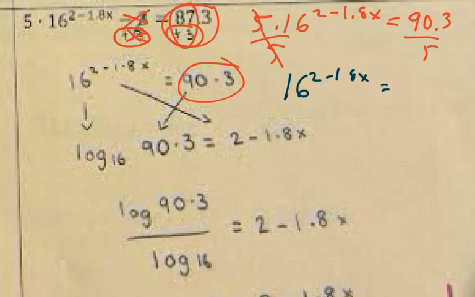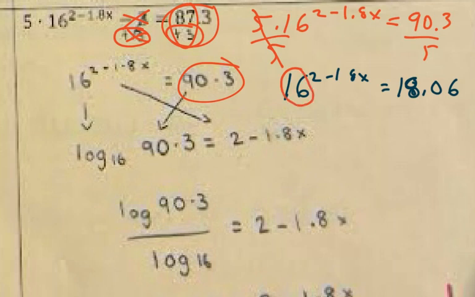And then, of course, with the calculator, you're going to want to do 90.3 divided by 5. Now, 90.3 divided by 5 is 18.06. I just used my calculator, okay? So now what? Well, somehow we got to get rid of this base 16 power here.